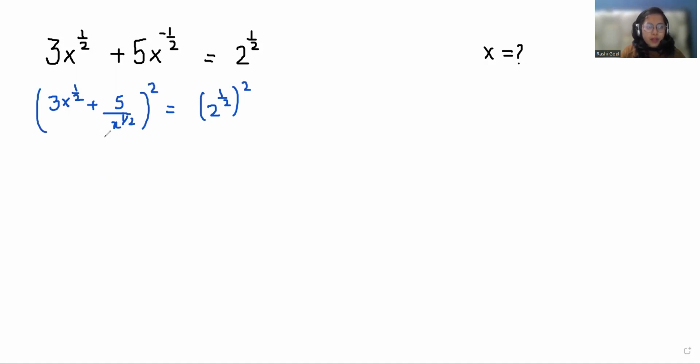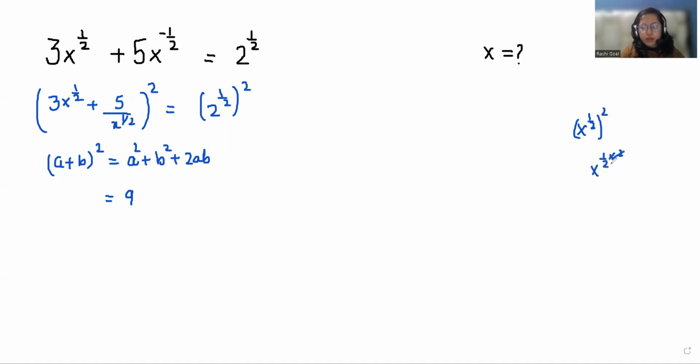By squaring the left hand side, it becomes the formula of (a plus b) whole square, that is a square plus b square plus 2ab. So a square is 3 square, that is 9, and square of x power 1 by 2 is x, since x power 1 by 2 times 2 cancels out, only x is left.